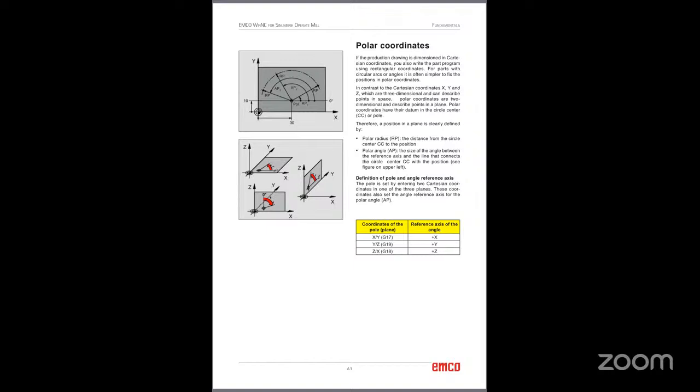So next is the polar coordinate system. We have discussed absolute coordinate system and relative coordinate system. So next is the polar coordinate system.